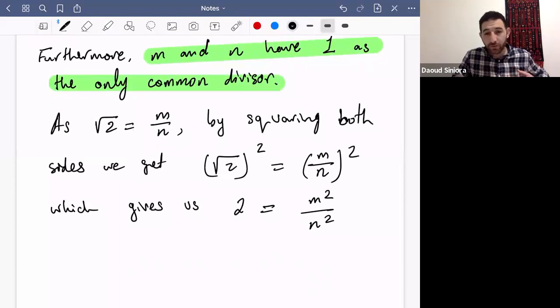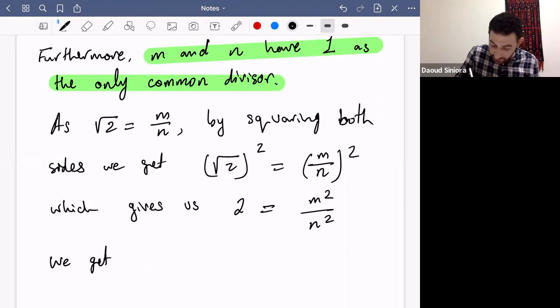Now if we multiply both sides by n squared, we get that 2 times n squared is equal to m squared.